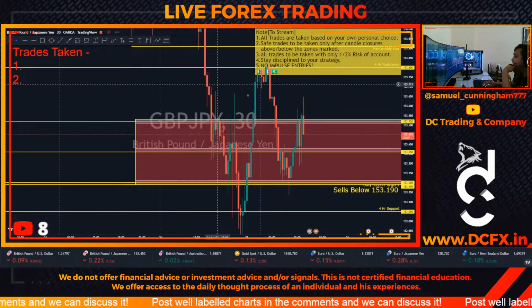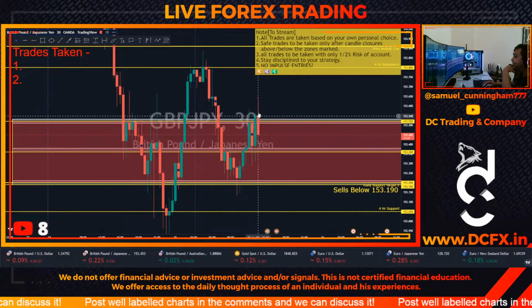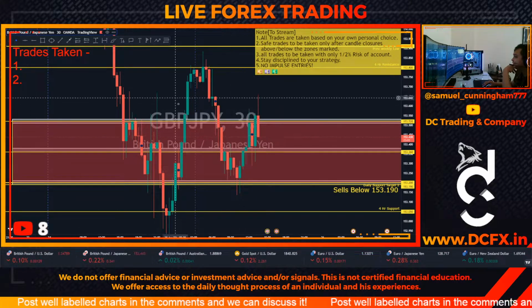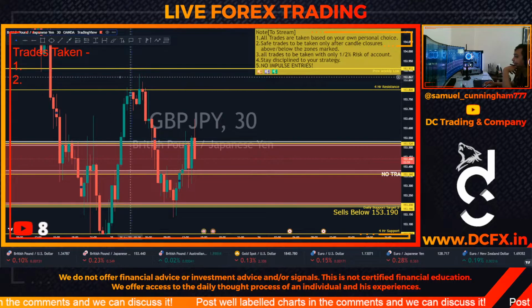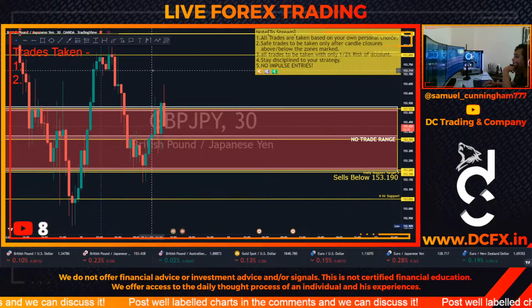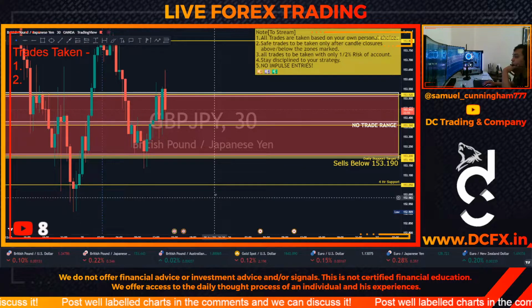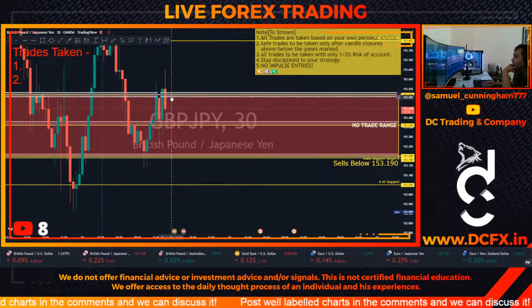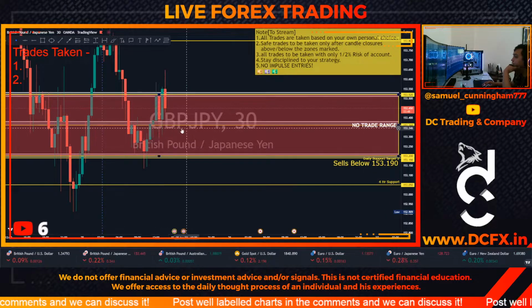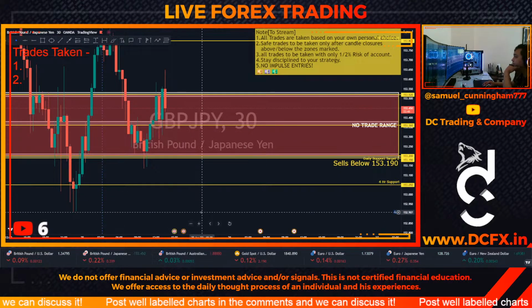There you go. Now you know why I say sit on your hands. Because it looks tempting, but it's not creating a higher high just yet. Don't get tempted. But if we do close this candle below this level, then I would actually take a shot.